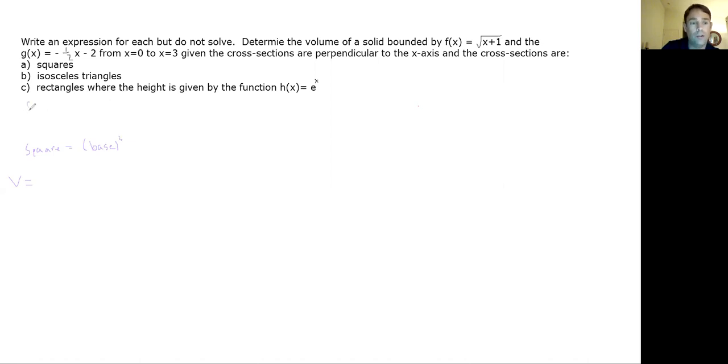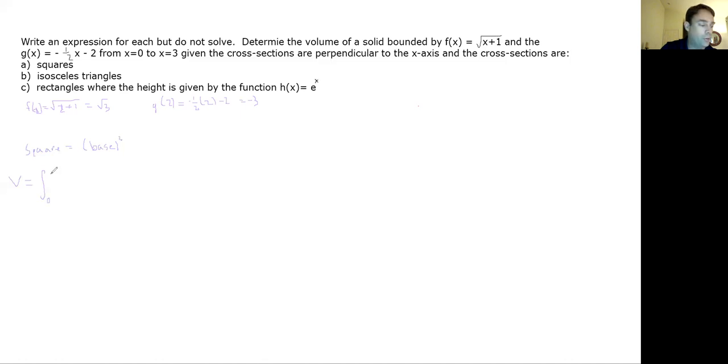So if I plug 2 in to f, 2 plus 1, that'll be a positive square root of 3. If I plug 2 in for my g of x function, I get negative 1/2 times 2 minus 2, which would be a negative 3. So positive square root of 3 is greater than negative 3. That means f of x is larger than my g of x, so I'm going to use the f of x function first.